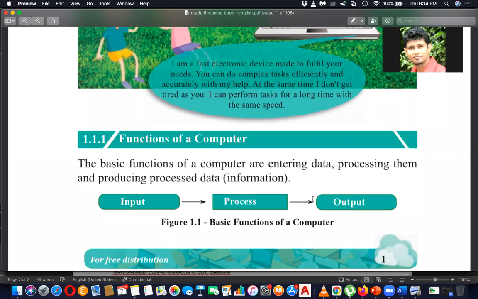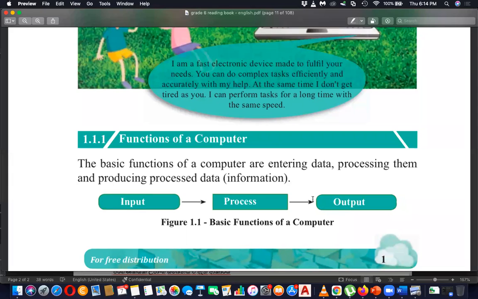Okay, let's discuss a scenario. Assume that you are eating a pizza. Can you explain what the inputs are when you are eating pizza? Yes, pizza is input.